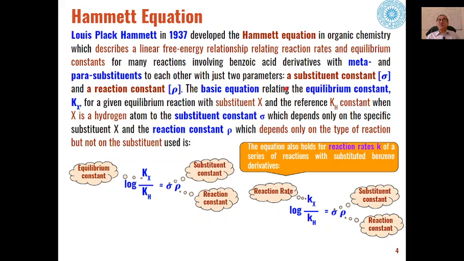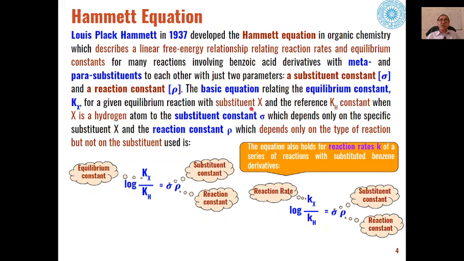And this Hammett equation is explained with just two parameters. One parameter is substituent constant sigma, and the other is reaction constant rho. So relationship of these reaction rates or equilibrium constant with this substituent constant and reaction constant is known as Hammett equation.